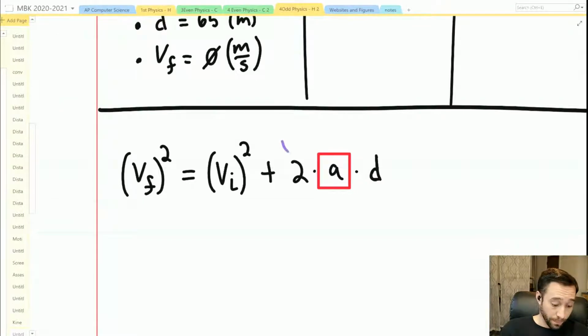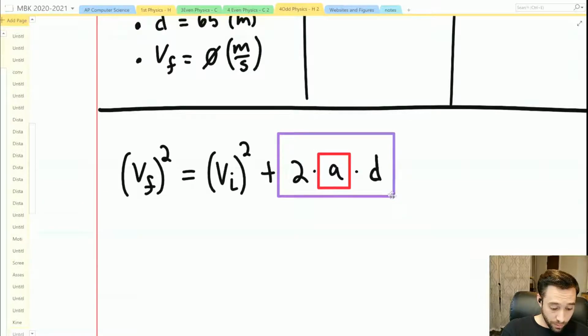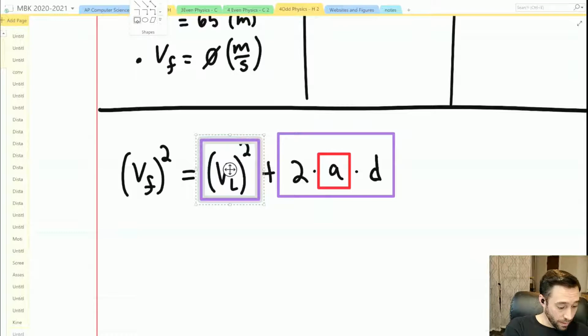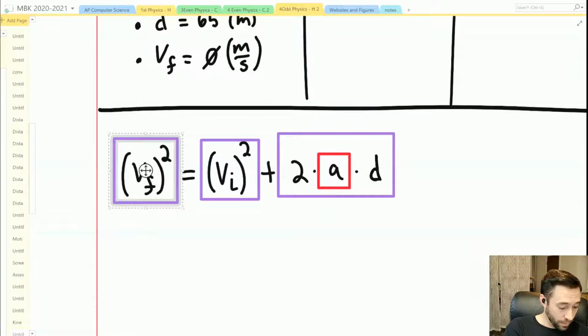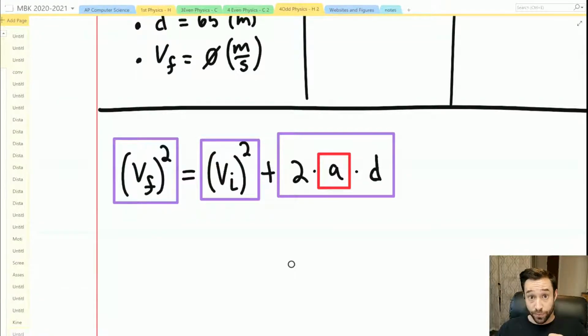Okay. So I have a term here. I have a term here. And I have a term here. So this expression has 3 separate terms. Is everybody cool with that?